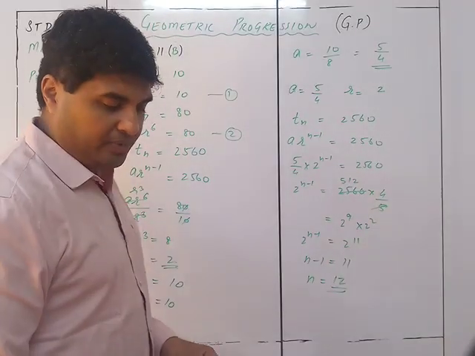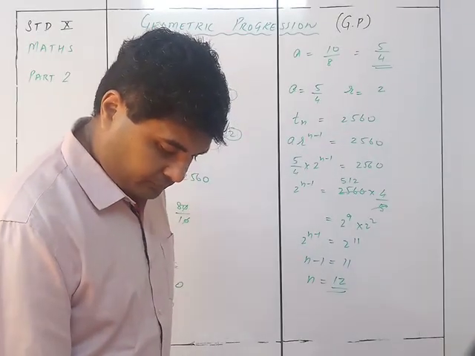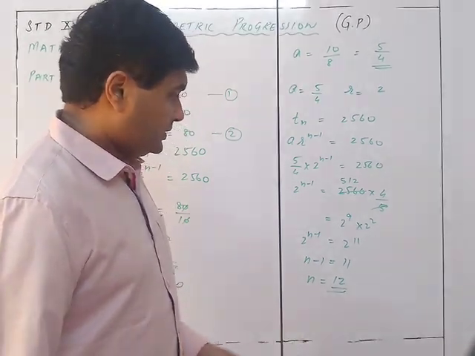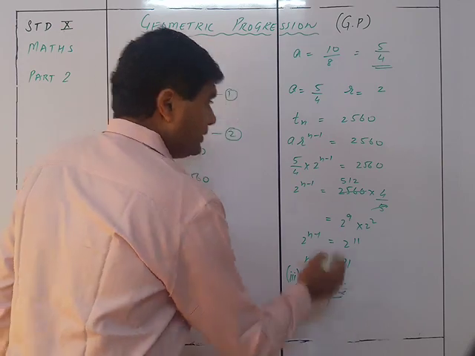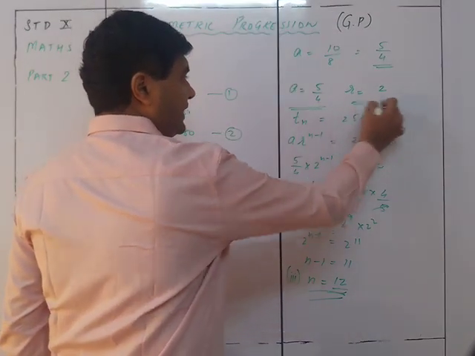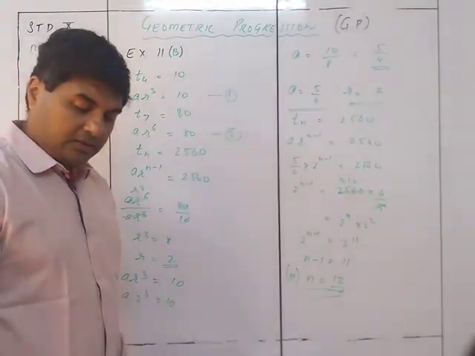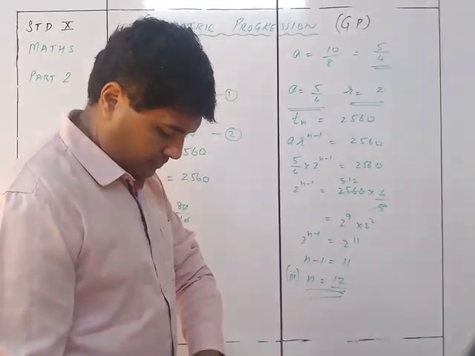So n will be equal to 12 over here. Let us check it out. n is equal to 12, right? So the answers are: this is the third part, n is 12, you have got A as this and R as this. Clear? This was sum number 8. We now move on to sum number 9.